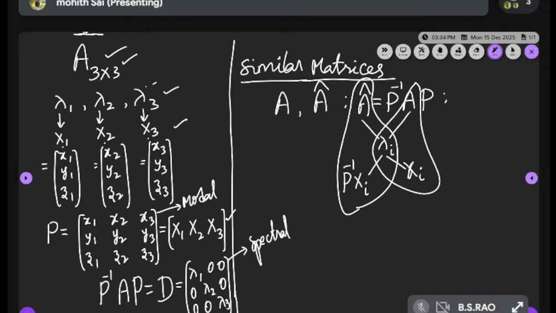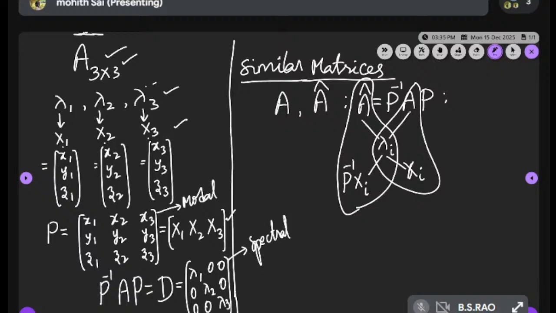For the same eigenvalue lambda i, if xi is an eigenvector of the matrix A, then P inverse into xi is an eigenvector of A cap.